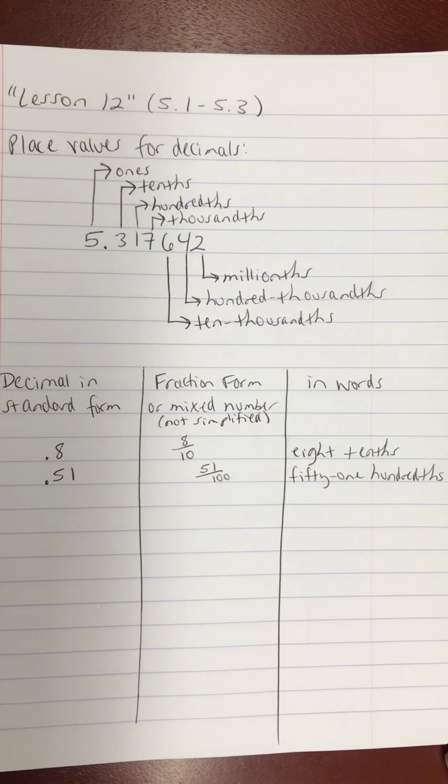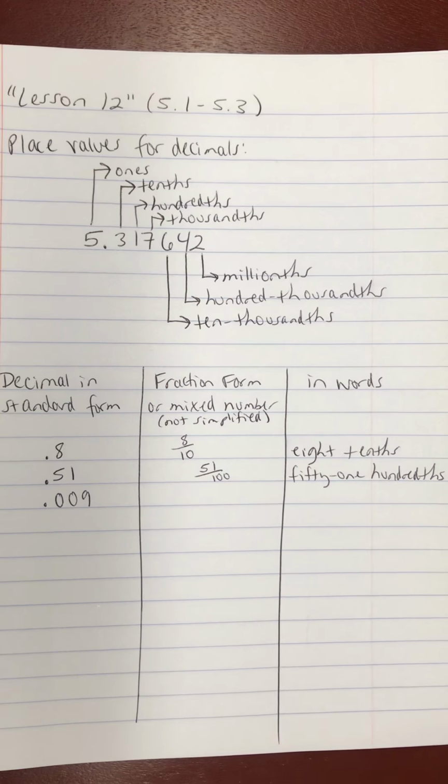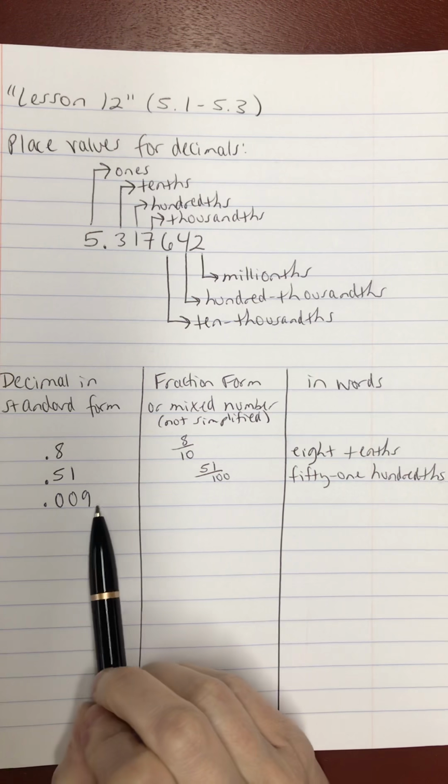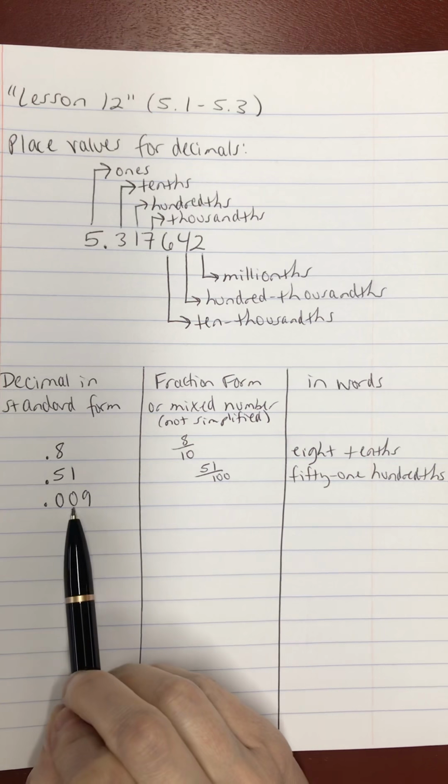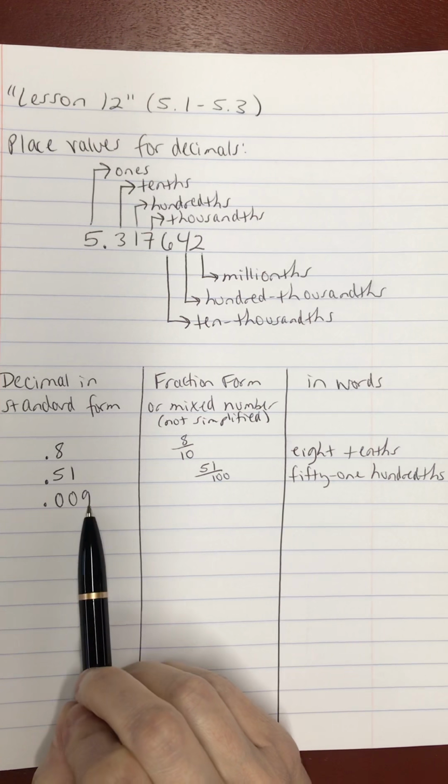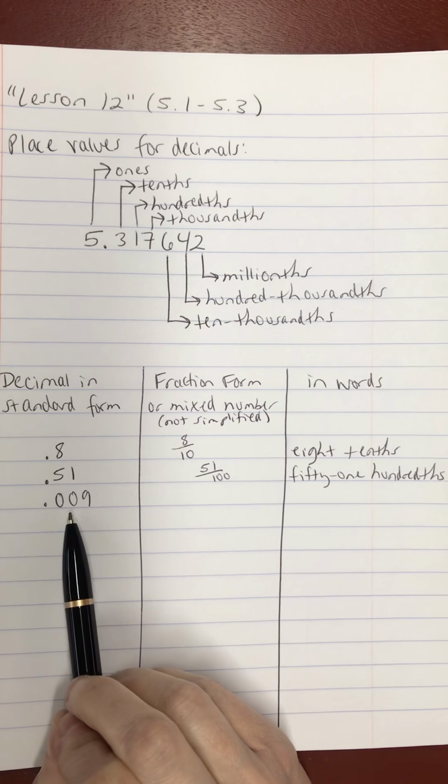All right, let's try another one. This one tends to be tricky for people. 0.009. I've definitely seen some kind of crazy things. When you have a situation like this, those zeros do matter. When you have zeros to the left of any numbers that are not zeros, like for example here, you have a 9, this is not a 0. Since you have zeros to the left of that 9 after the decimal, those zeros matter.